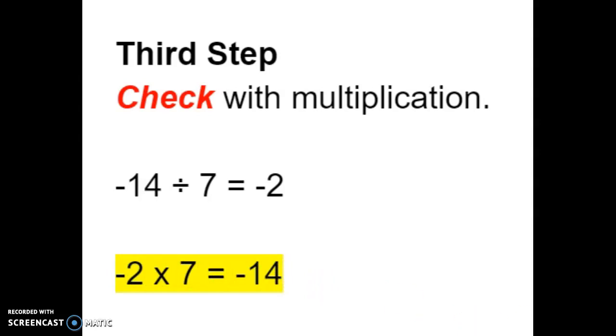This is by far the most important step because it checks to make sure that your thinking is right. Remember how I talked about thinking about it backwards? This is what I mean by thinking about what it should be backwards. Almost thinking, okay, that -2 times 7 now gives me -14. Yes, I'm on the right track.